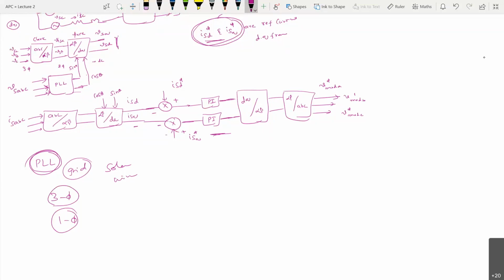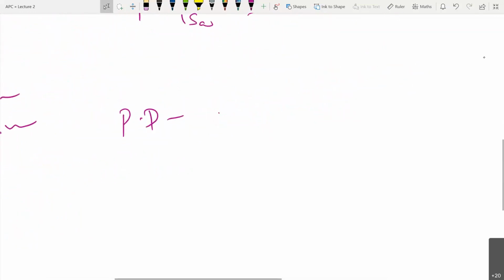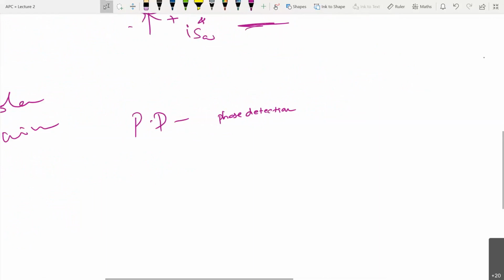Most of these phase lock loops consist of three different parts. The first is the PD, the phase detection. The second is the loop filter, LF. And the other one is the VCO.